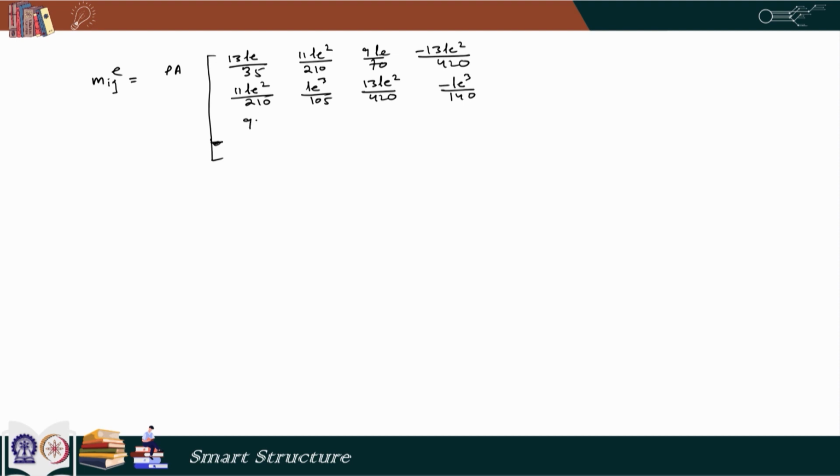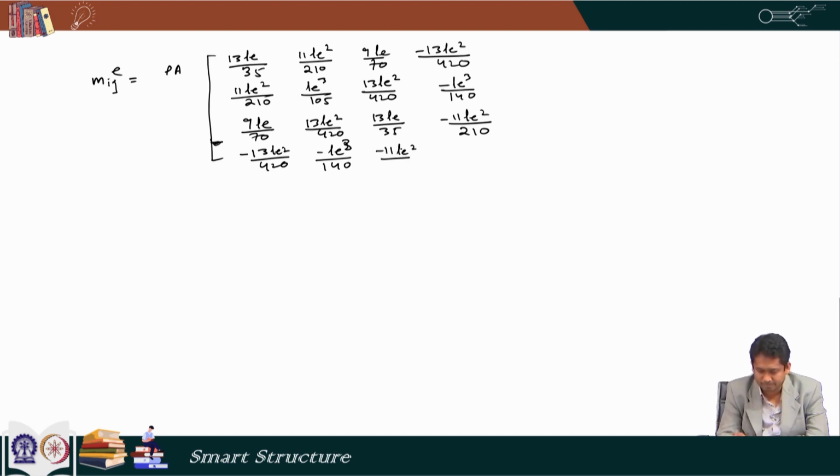matrix, and then we have 9 LE by 70, 13 LE square by 420, and then 13 LE by 35, and minus 11 LE square by 210, and then here we have minus 13 LE square by 420, minus LE cube by 140, minus 11 LE square by 210, and the final diagonal term is LE cube divided by 105.